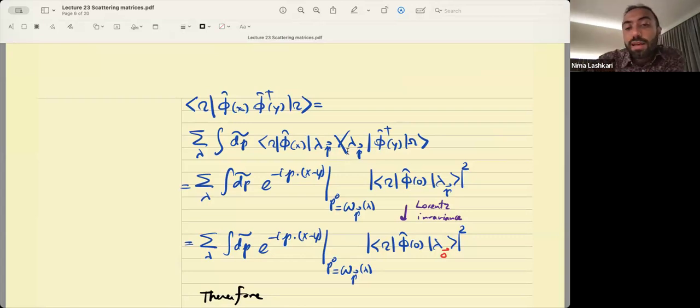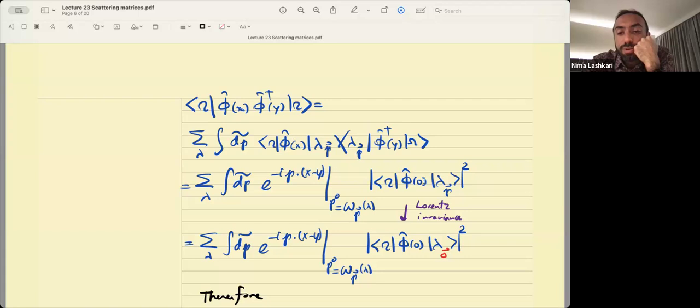Okay? So now the first thing you notice is that this is inserted at x and this is inserted at y. You could use the translation operator, so this phi of x could be thought of as e to the power of i p mu x mu, phi at 0, e to the power of minus i p mu x mu, right?